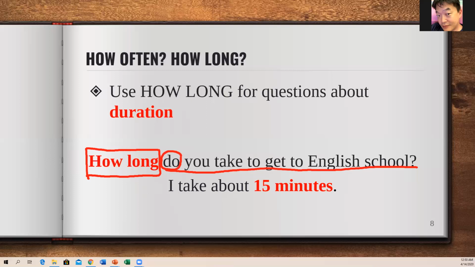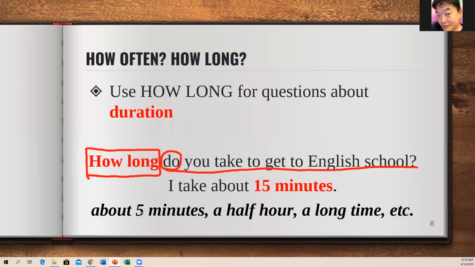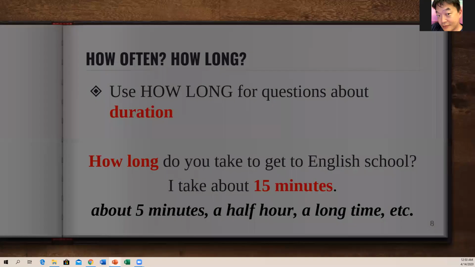And another thing I wanted you to remember is that these are the time phrases you can use with how long: about 5 minutes, a half hour, a long time, and etc. Okay, we saw this in the second part of our class, but I want to remind you this is very important for you.